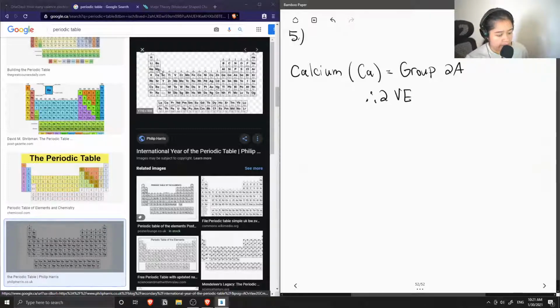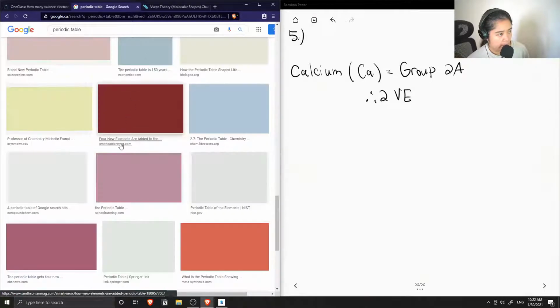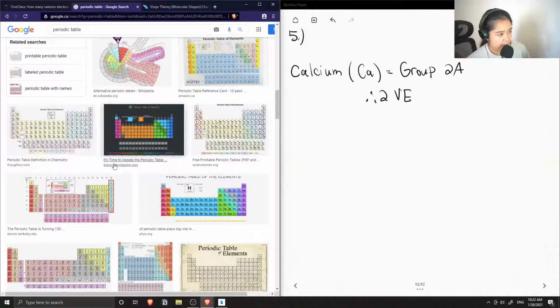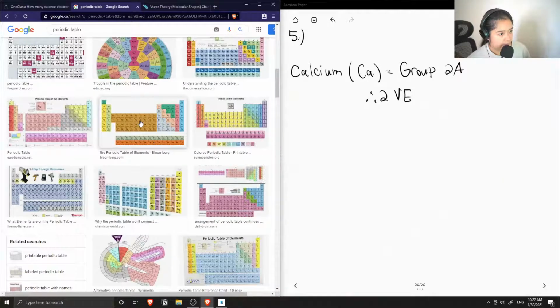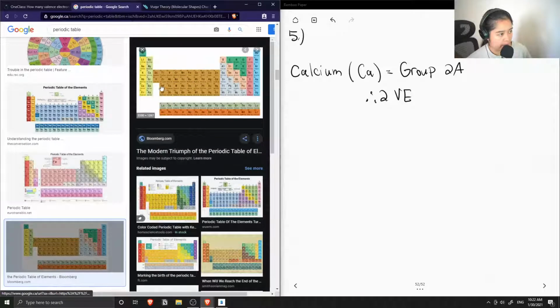Another way that we can visualize this is by drawing out an atom of calcium. So let's find out its atomic number. Calcium has the atomic number of 20.